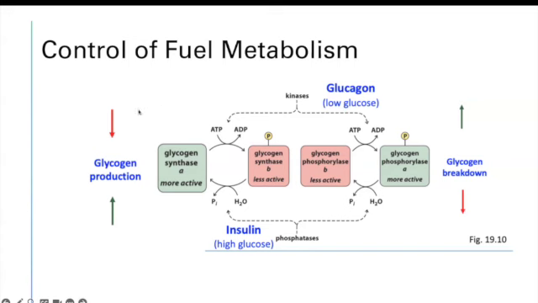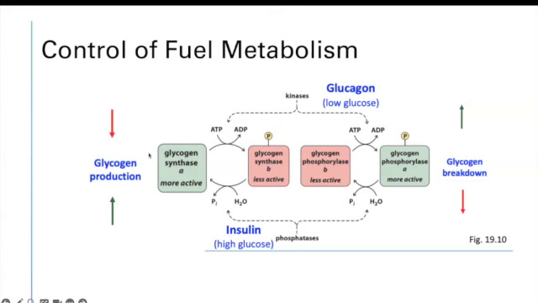Okay, so let's take a look at this right here. Insulin promotes glucose transport into cells because we have high glucose. We don't need all of that glucose sitting in the bloodstream. So it stimulates glycogen synthesis and suppresses glycogen breakdown in muscle.